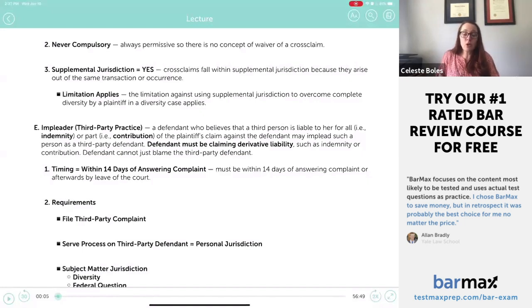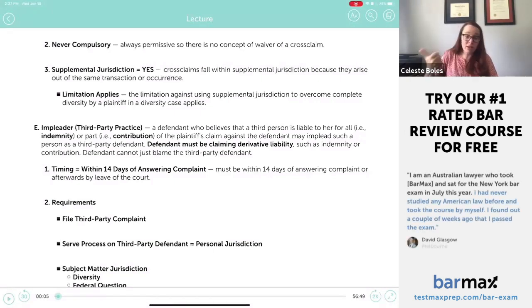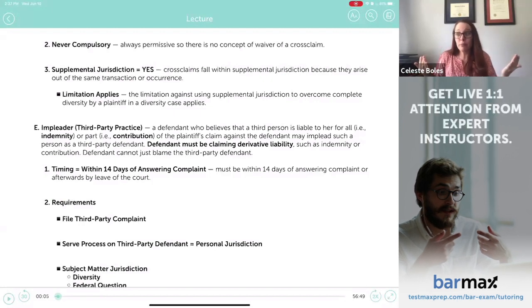Some students told me, whoa, it was joinder. I was caught off guard, and I don't see an excuse for that, because one of the issues, impleader, was tested in a released MBE question that we have. Again, we only have 46 questions. If one of them is impleader, you should know impleader.